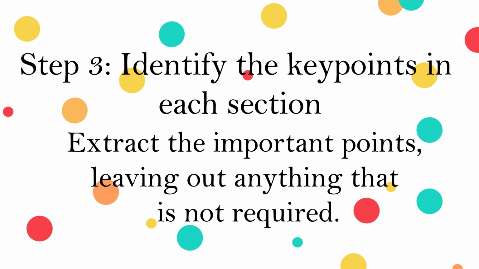Okay, so if you identify the key points correctly, then it will be very easy to compose an excellent summary. Alright, after identifying the key points, you need to read them once carefully and delete any extra information. I hope you get my point.